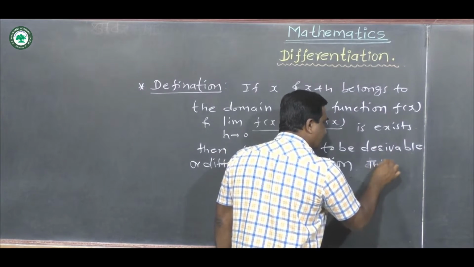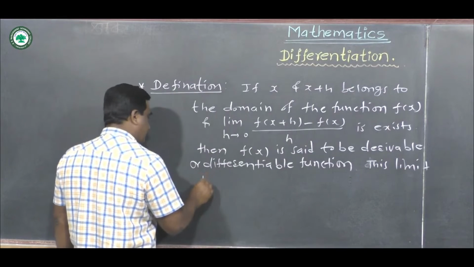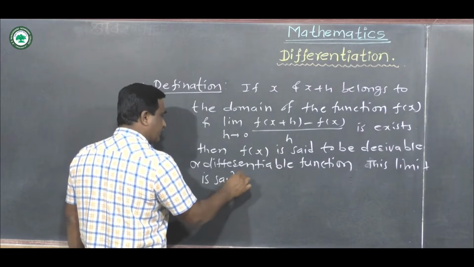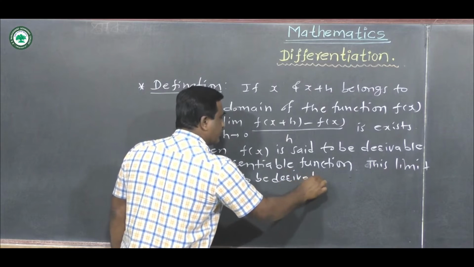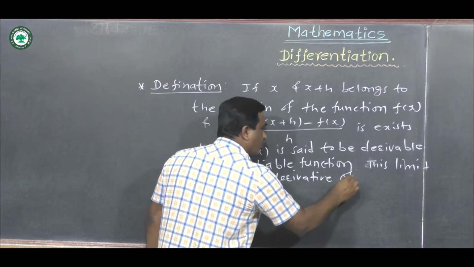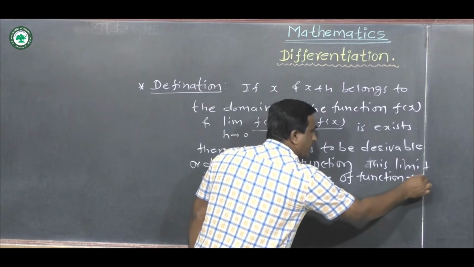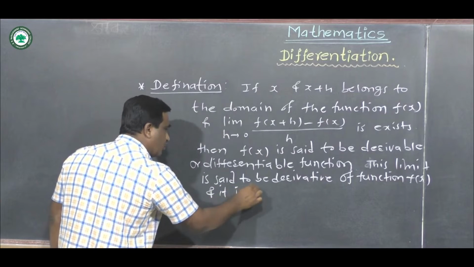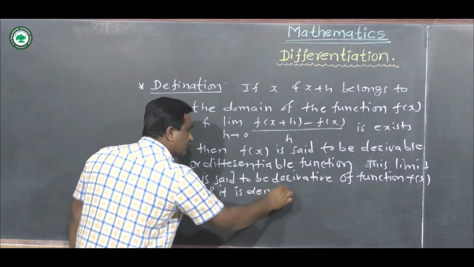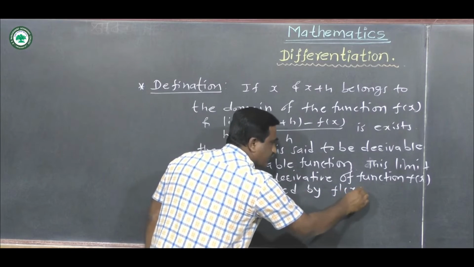This limit is said to be the derivative of function f of x, and it is denoted by f dash of x.